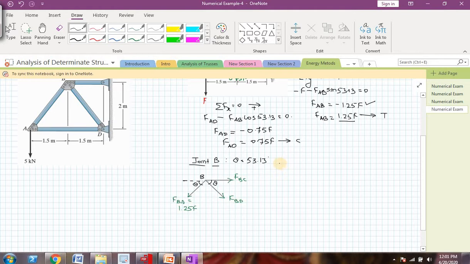So I will apply the first equilibrium equation, summation of Fx equal to 0, taking all the forces in this direction as positive.